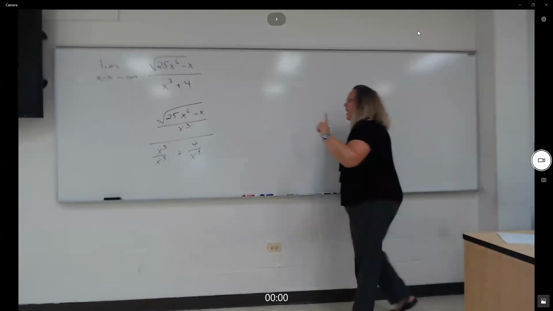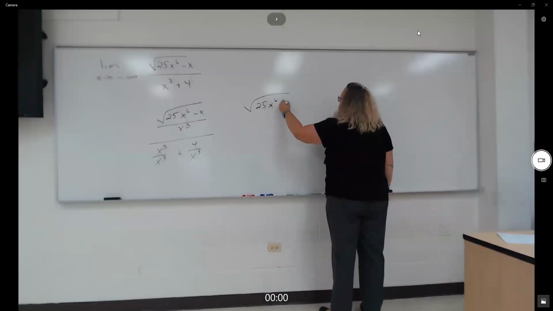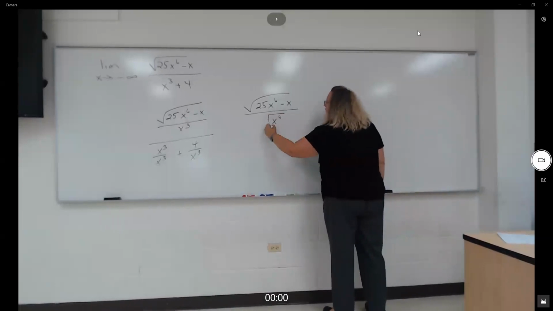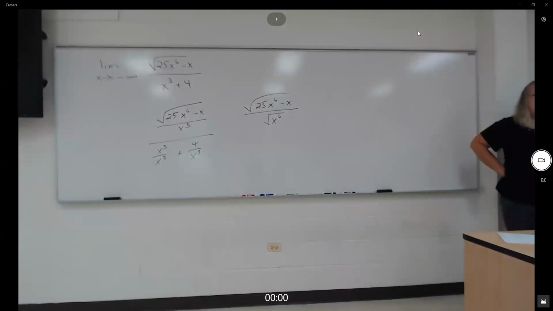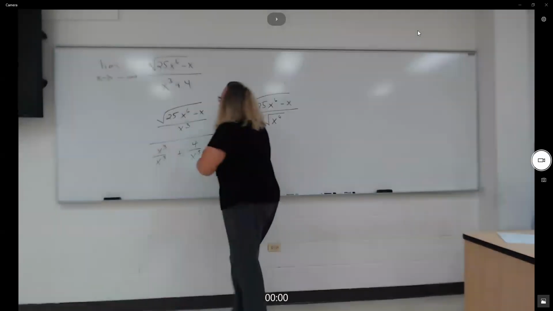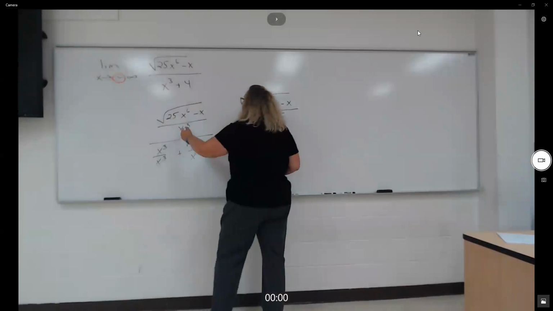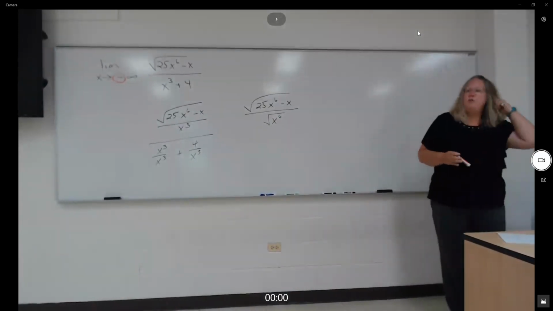But when I change this, 25x to the 6th minus x, to x to the 6th inside the square root, what just happened to all those negatives? x to the 6th is now positive. This is a hard one. If I'm going to negative infinity and I have this square root, I actually changed something from odd to even, and I made all those negatives positive.